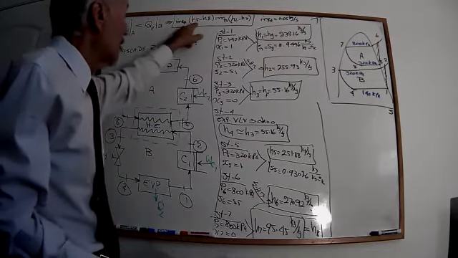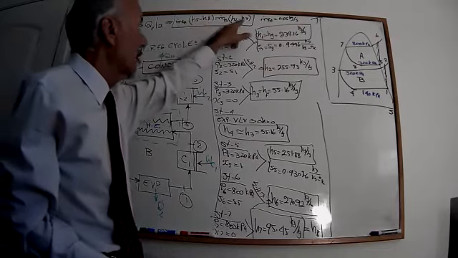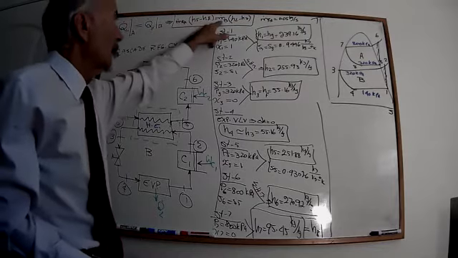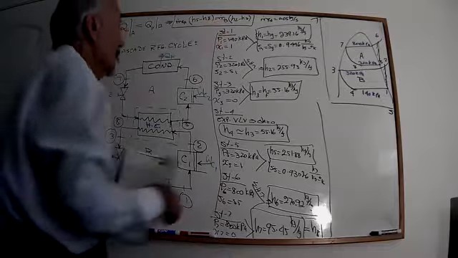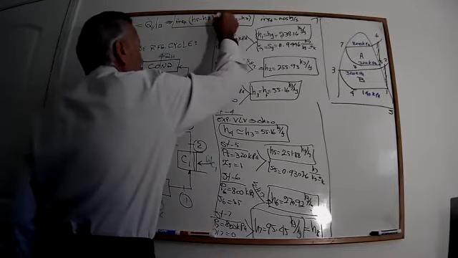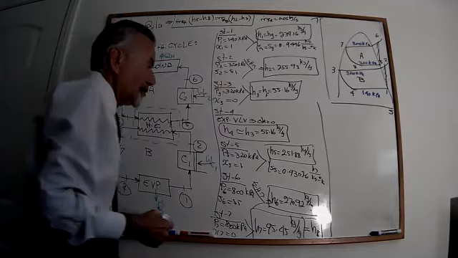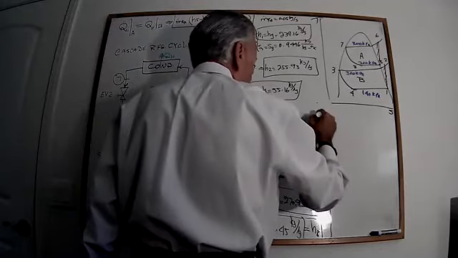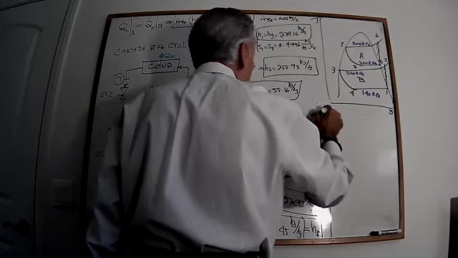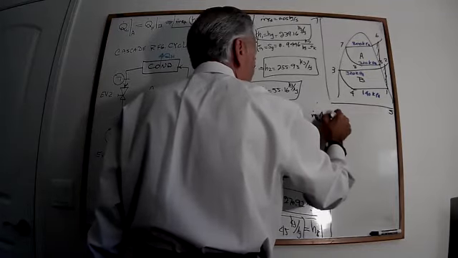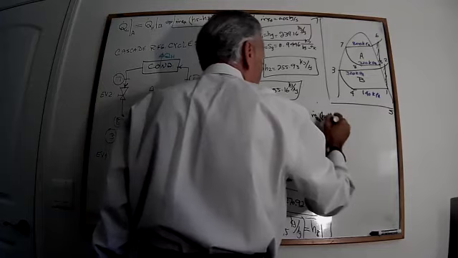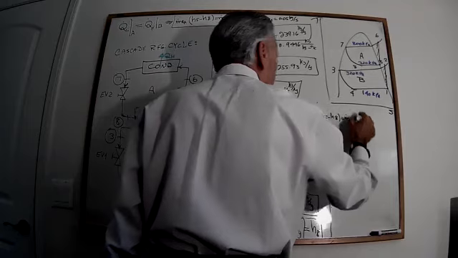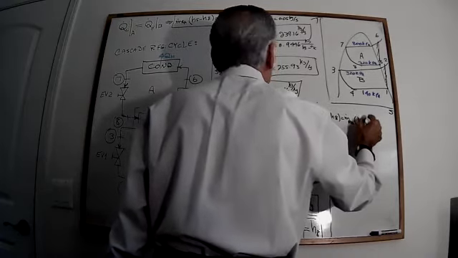I have H5, I have H8, H2, and H3, and I have the mass of refrigerant A. So the only unknown is the mass of refrigerant B. Mass of refrigerant A times H5 minus H8 has to be equal to mass of refrigerant B times H2 minus H3.